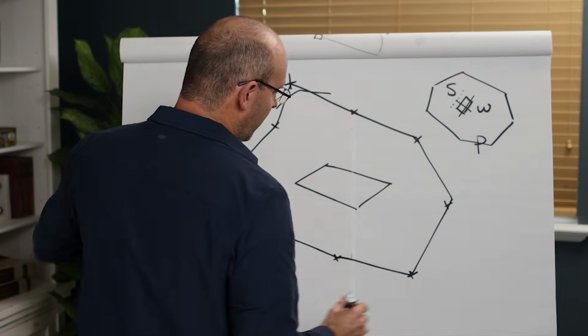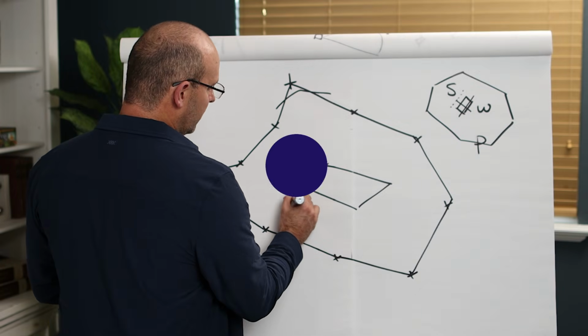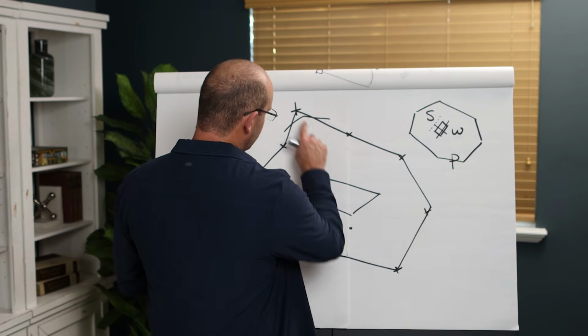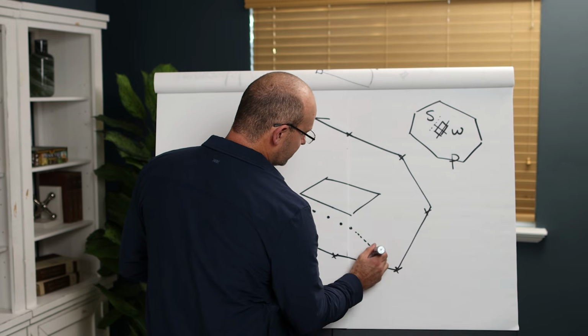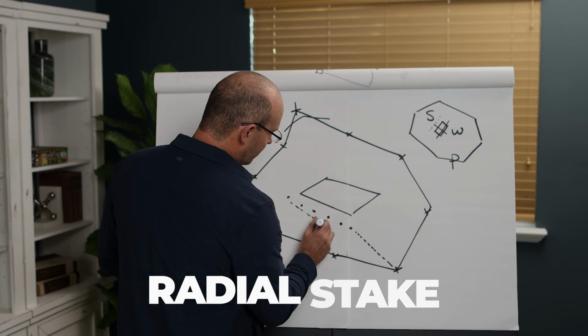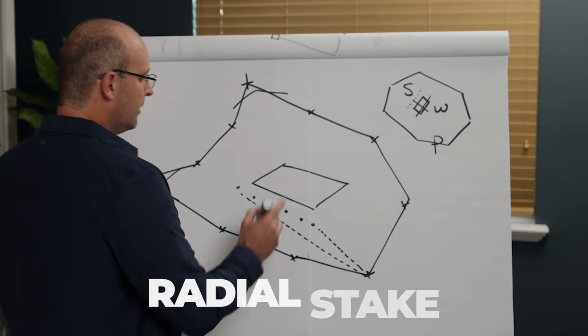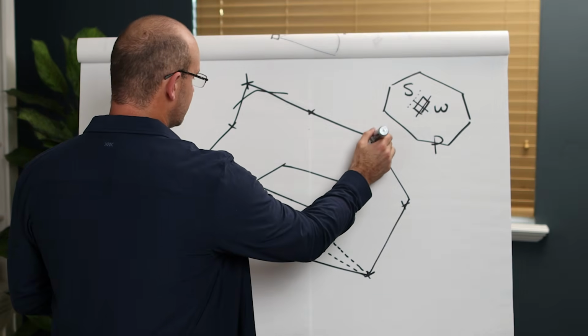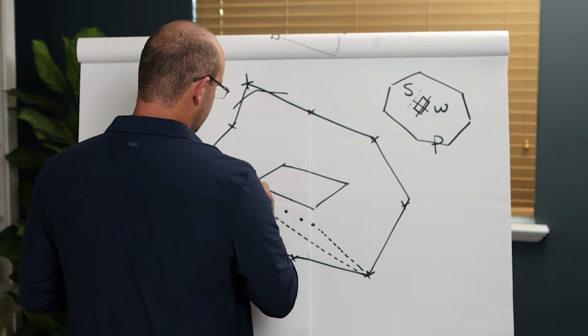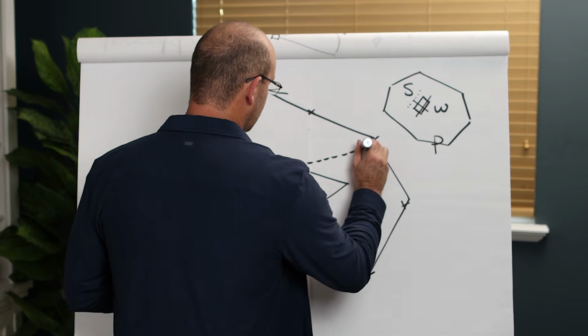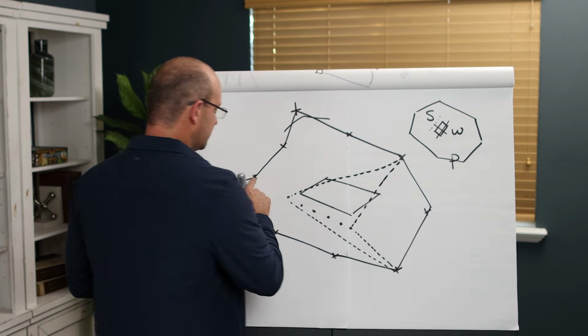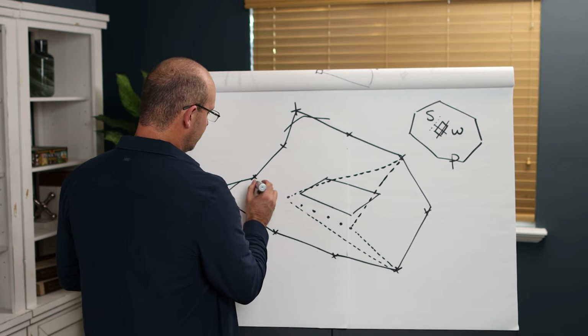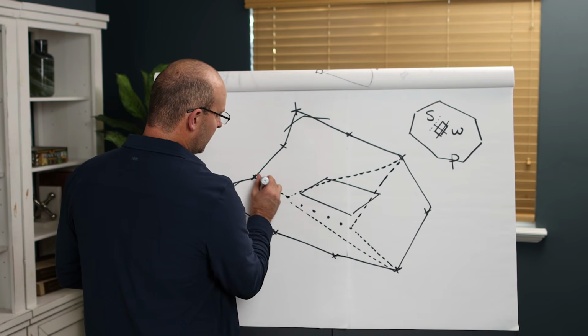So from there, if you're gonna go ahead and lay out a baseline, and I'll just do little dots, you would, for instance, set up here, backside a longer backside, and you'll radial stake from that point. Then you'll do it from another side of the traverse, set up here, backside, and then you'll radial stake that one and radial stake that one, and then you might set up here and backside a longer backside than your foresight, and you will lay out that one and you will lay out that one.